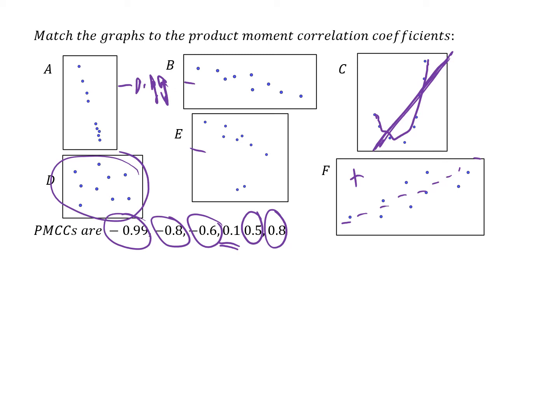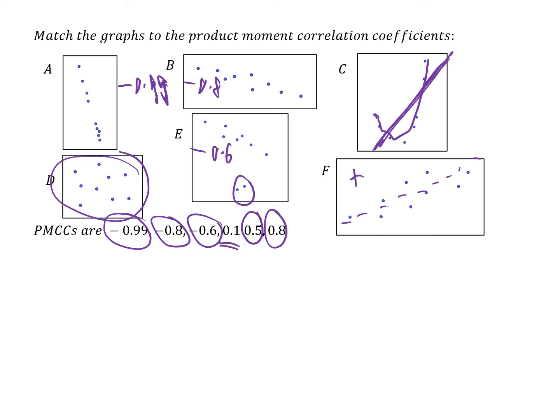B is not quite so closely correlated to a straight line, but it's certainly closer than E, because E has these outliers here. So E looks as if it's not quite so well correlated as B. So I would put minus 0.8 here and minus 0.6 here.